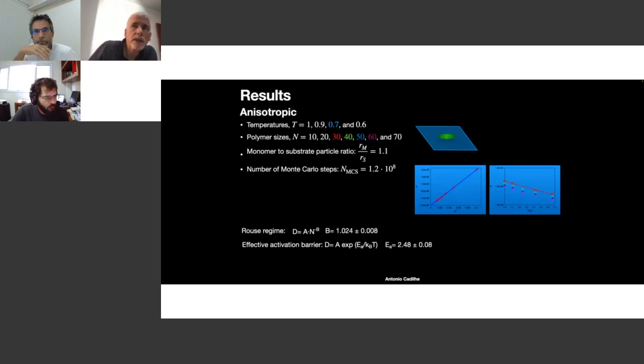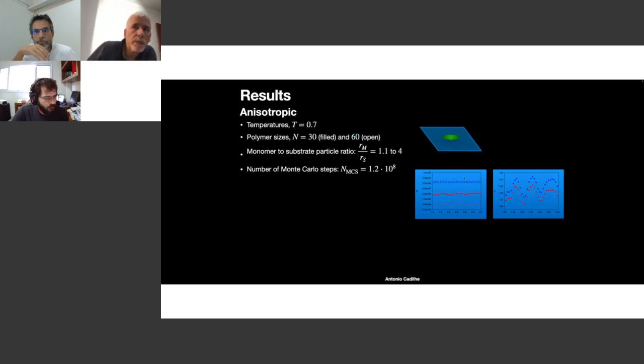And this leads to this type of behavior that now has some special sizes of the ratio that either favor attachment to the substrate or not. And this is because it's a crystalline substrate.